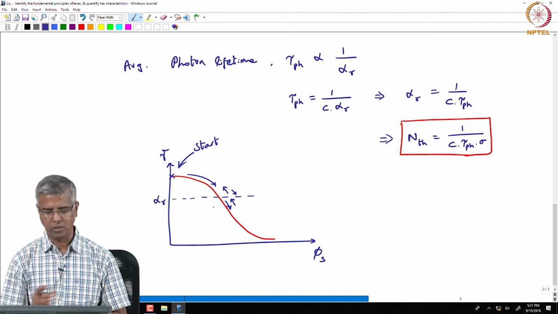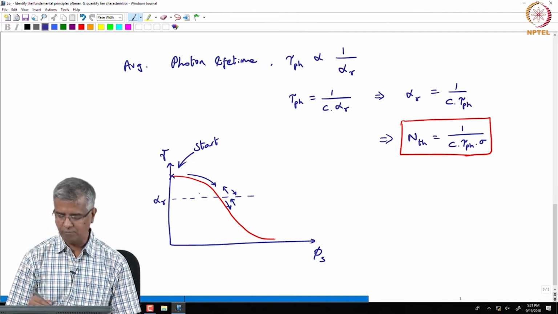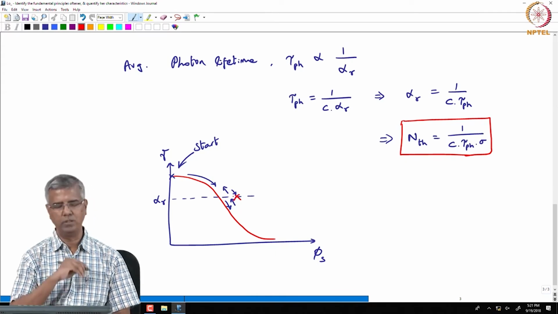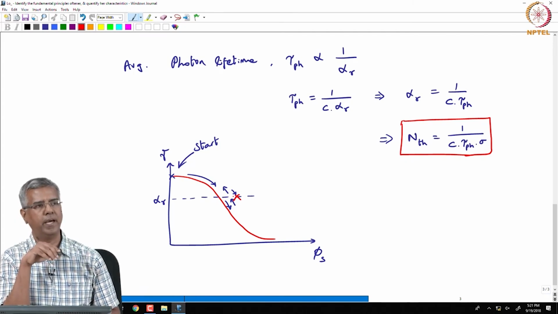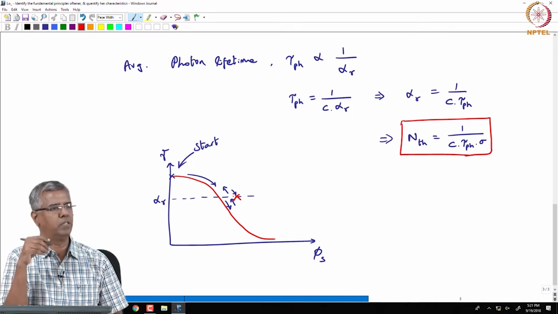So, you are going towards the small signal gain, and then finally, after all that, you started there and you would end up over here, at the point where the gain equals the loss in the cavity.